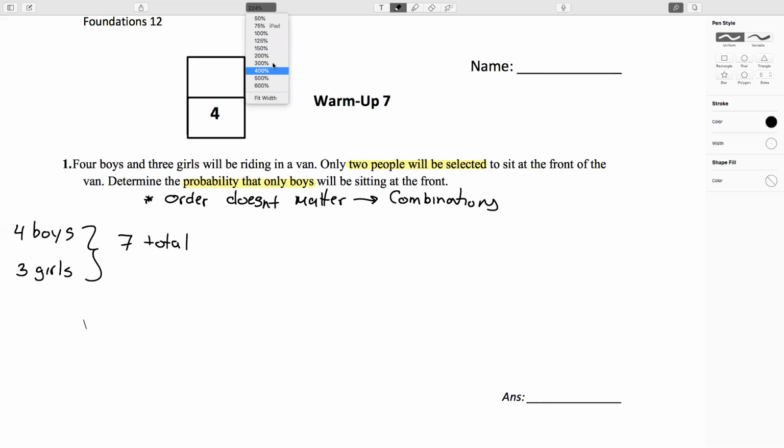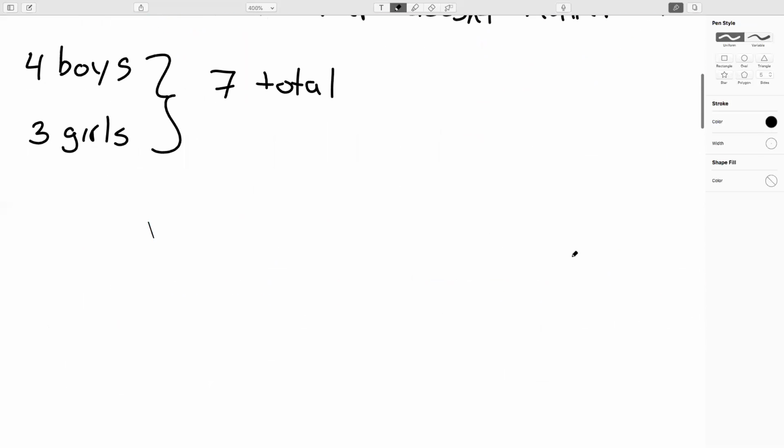So let's go ahead and calculate the number of favorable outcomes. The number of favorable outcomes is going to be equal to the number of ways that we can select 2 boys. We're picking 2, out of a pool of 4 people.